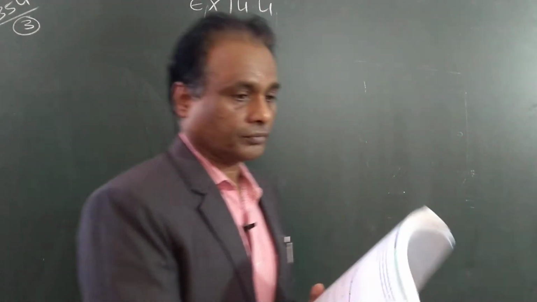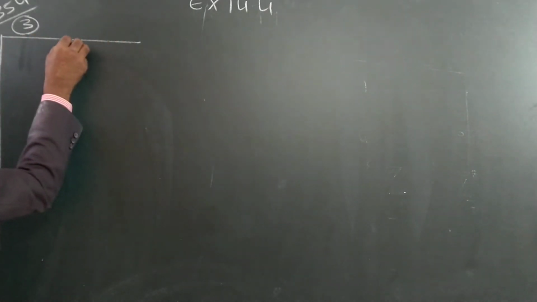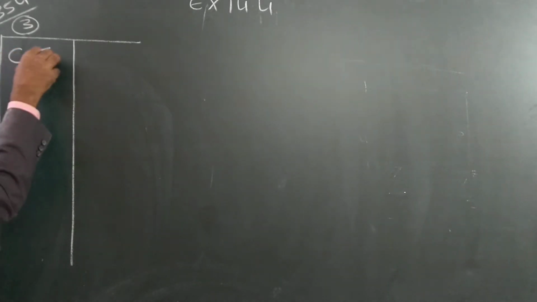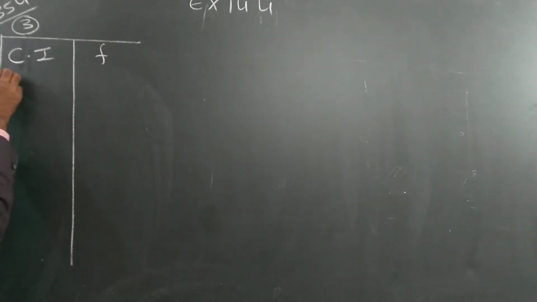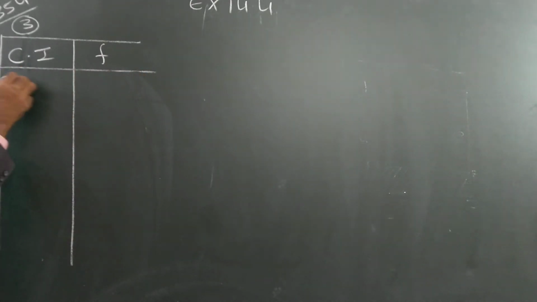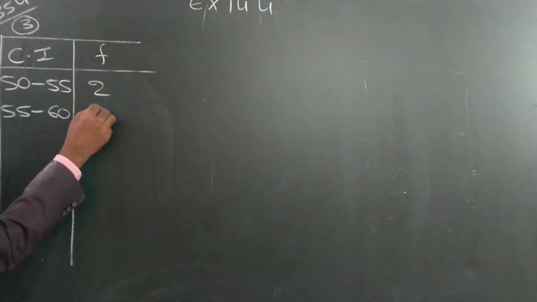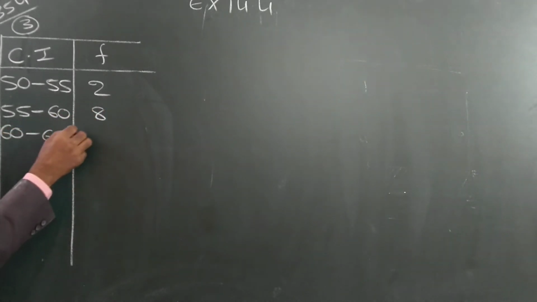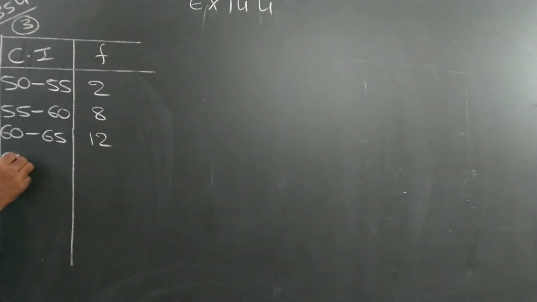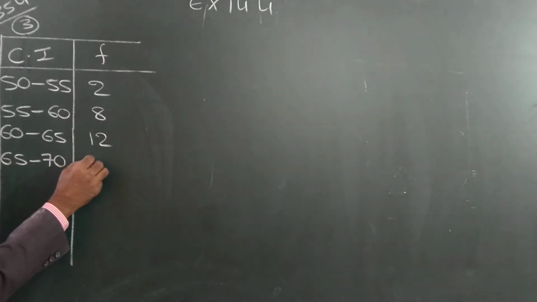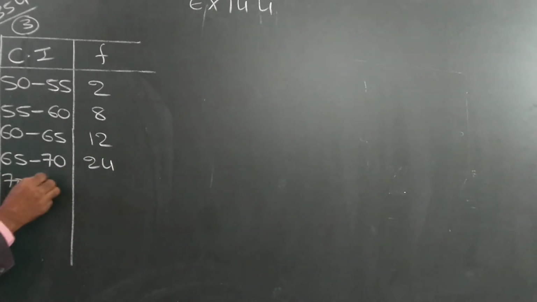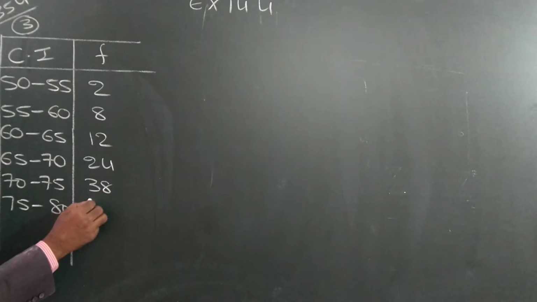See the table. Class interval and frequency is given. 50 to 55 is one class, frequency is 2. 55 to 60 is 8. 60 to 65 class, frequency is 12. 65 to 70 class, 24. 70 to 75, 38. 75 to 80, it is 16.